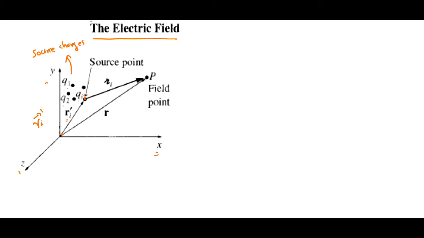And from the source point to the field point, that is P, the point where we are interested to find out the electric field due to these source charges. That is why this point P is called a field point. And from the source charge to the field point, the separation vector is script Ri.